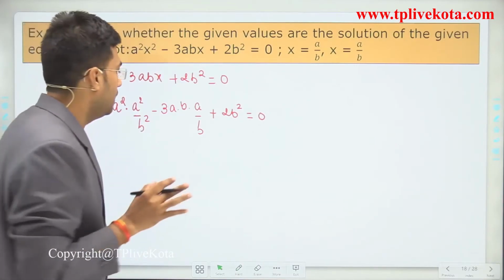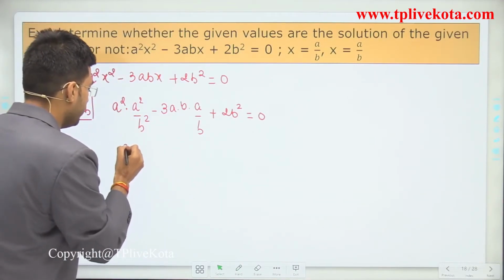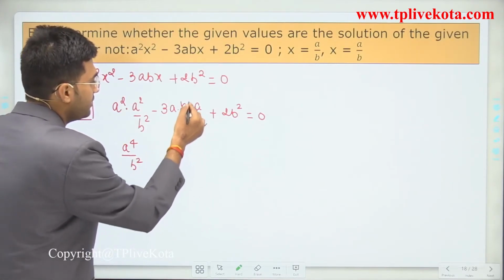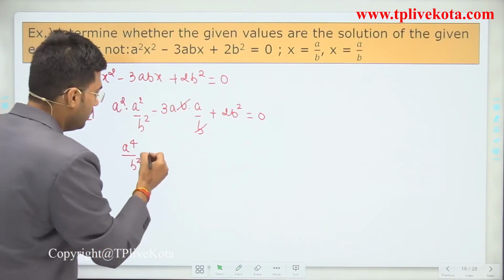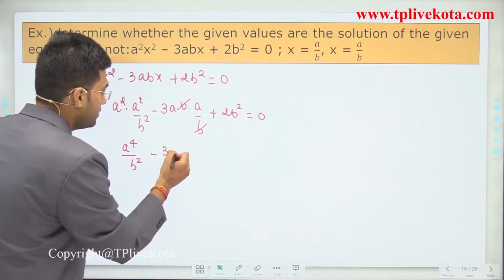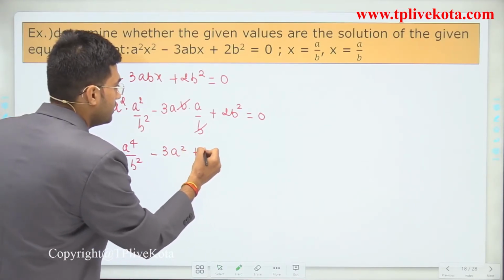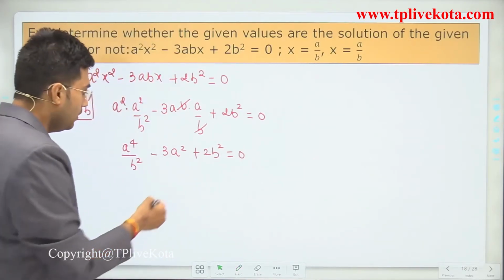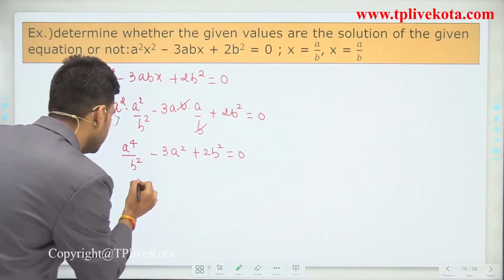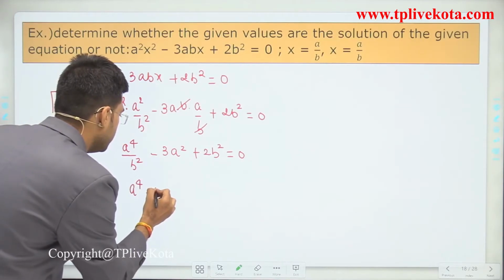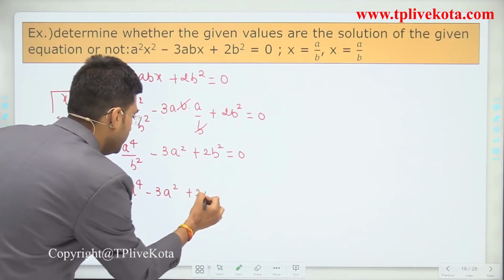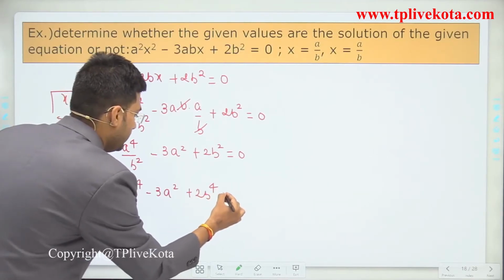Clear? Now here it is equal to a power 4 divided by b square, and here the b and b cancel out, and it is equal to minus 3a square plus 2b square equal to 0. So when we solve this, it is equal to a power 4 minus 3a square plus 2b power 4 equals 0.